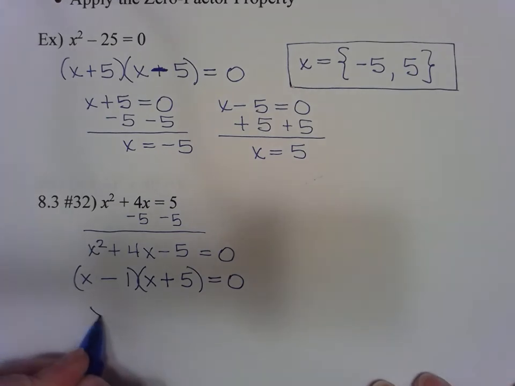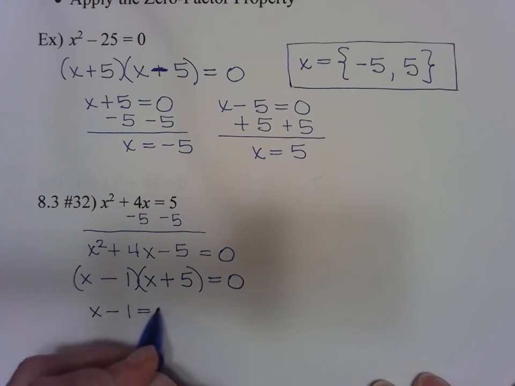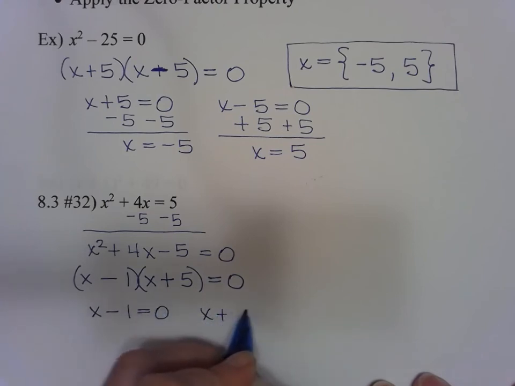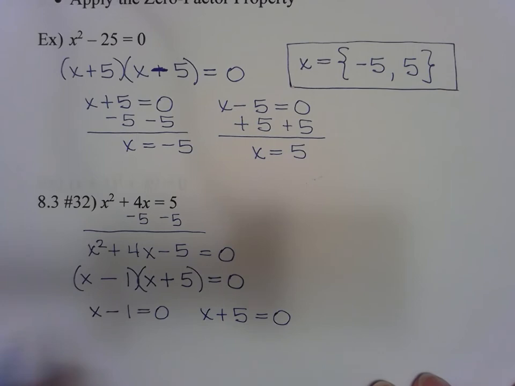At this point, I want to set each part equal to 0, and then solve both of those.